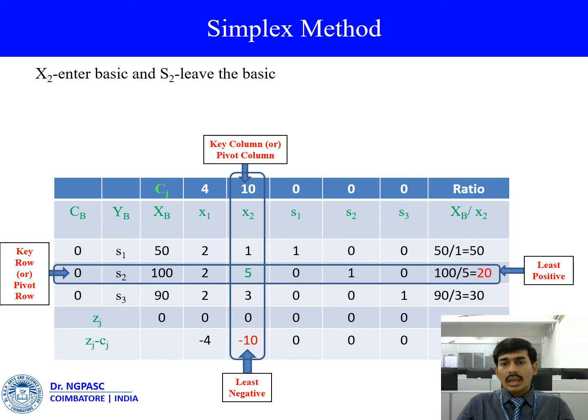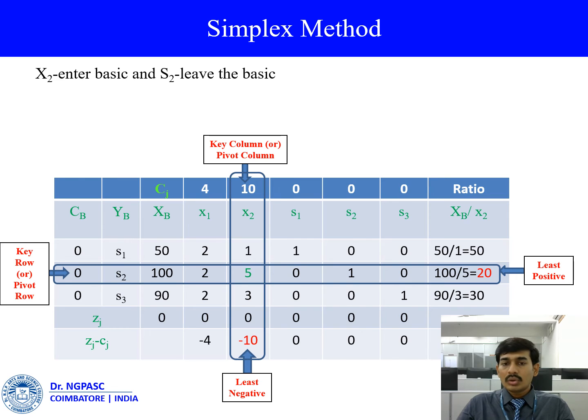After that, in this ratio column, we find the least positive, which is 20. So this row is called the key row or pivot row. Then the intersection point, this 5, is called the key element or pivot element.